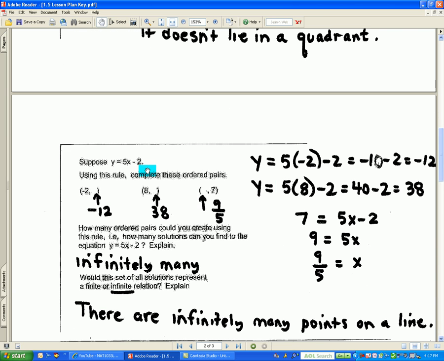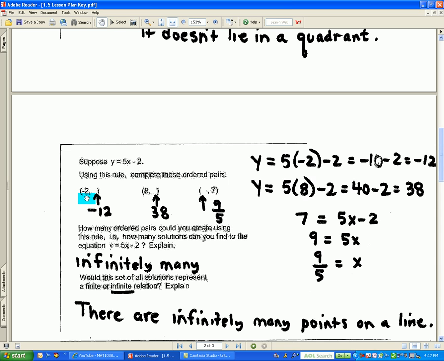And the next example we have here. We're given the equation y equals 5x minus 2, and we're told, using this rule, i.e. equation, i.e. function, to complete the following ordered pairs. The first ordered pair we have listed has -2, comma, and it's missing the back part.